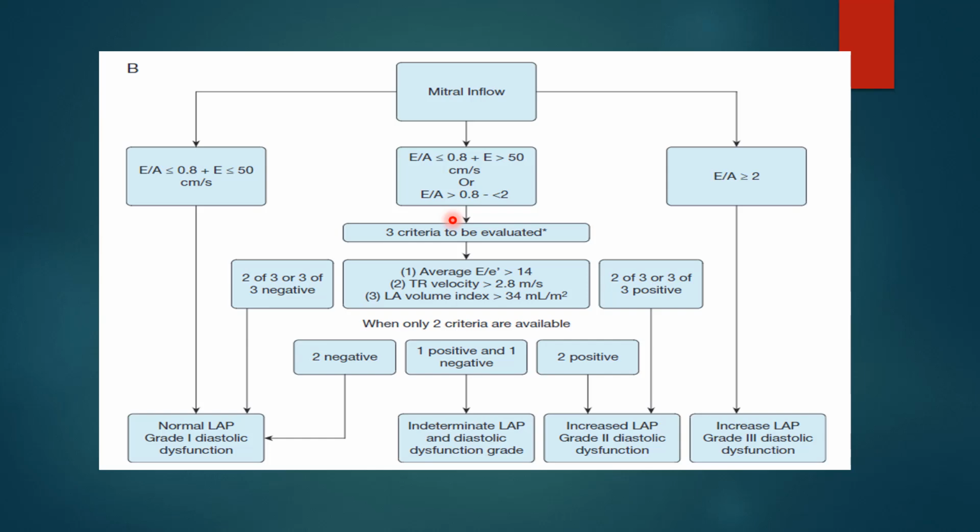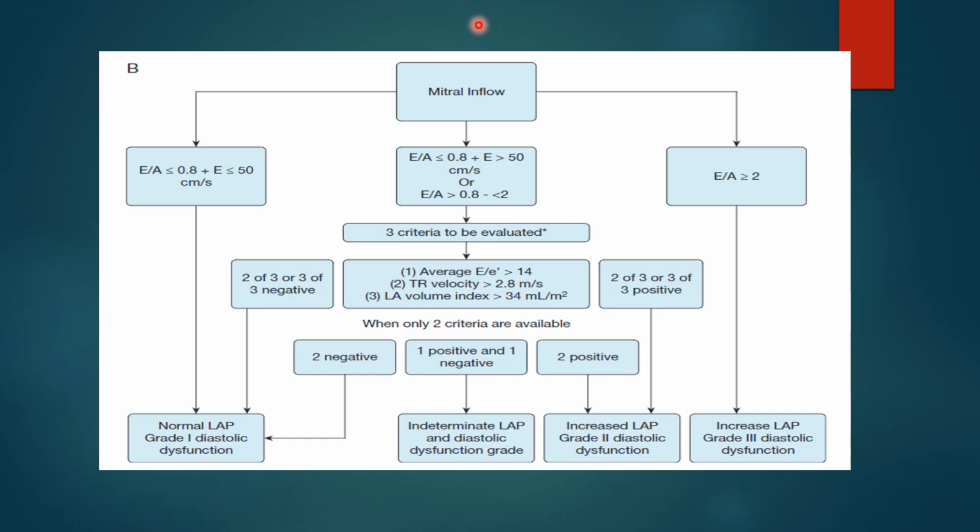So again, we're going down to the mitral inflow. We did initially a normal ejection fraction. If we're looking at mitral inflow patterns, if you have reduced systolic function, I don't have it on here. If you have an E to A greater than 2, you have guaranteed elevated left atrial filling pressures, right? This is assuming you have diastolic dysfunction already.